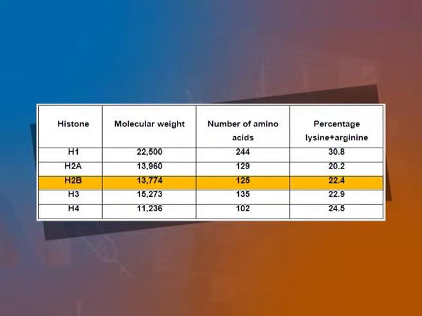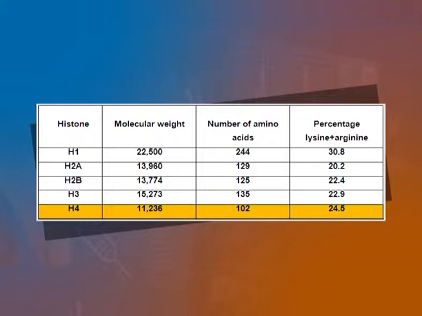H2B, the molecular weight is 13,774. The number of amino acids is 125 and the percentage of lysine and arginine is 22.4. H3, molecular weight is 15,273. The number of amino acids is 135 and the percentage of lysine and arginine residues is 22.9.